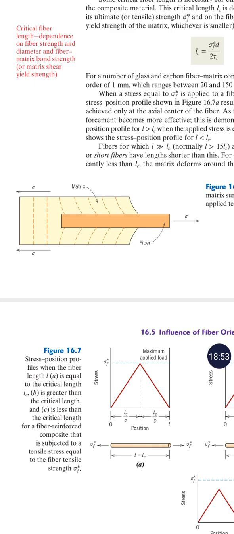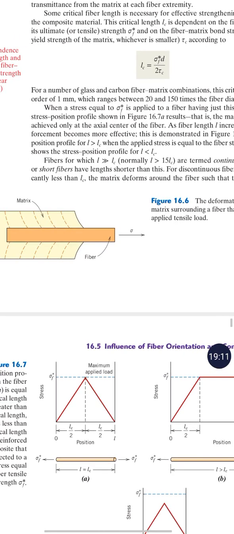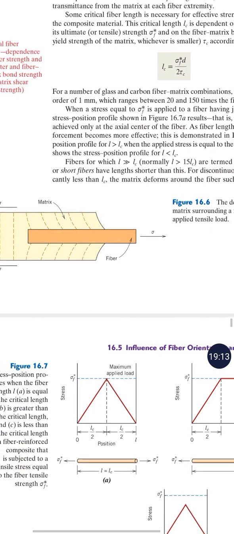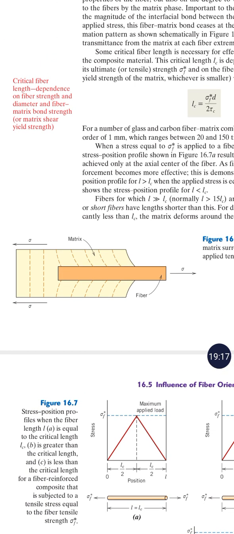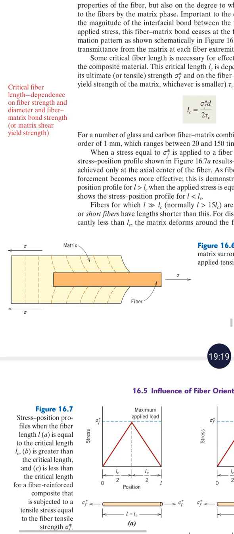Here the fiber inside puts stress on the matrix. See, the fiber is moving towards the right side, and the matrix is stretched along with the fiber, because we are applying a load there. When you apply a load, you will see a difference in the properties of the composite material.